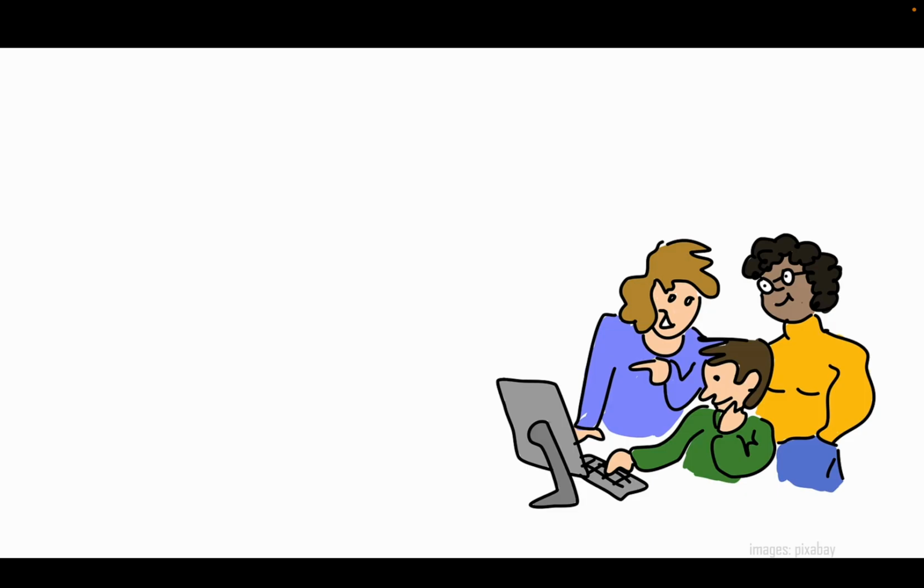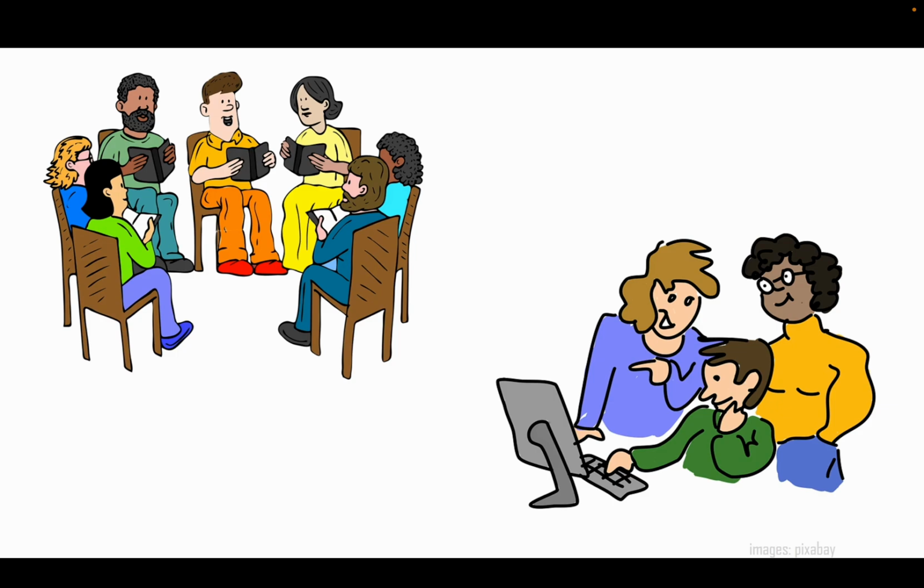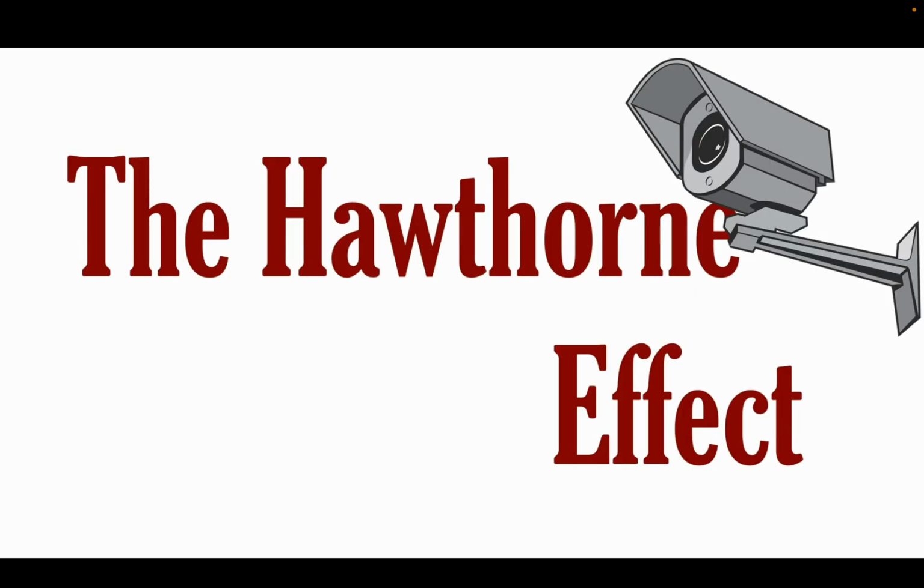When students know they're being studied and valued, their performance improves. It also means that professional practice projects in schools, whatever they may be, will usually result in improved teaching outcomes. So, get into teams, observe each other, it'll almost certainly work. When humans know they're being studied, their performance usually improves. That is the Hawthorne effect.